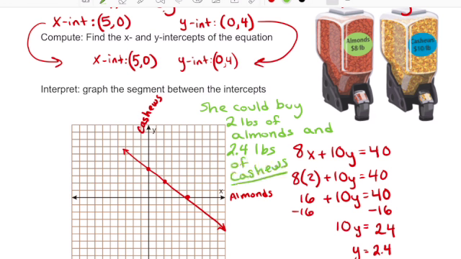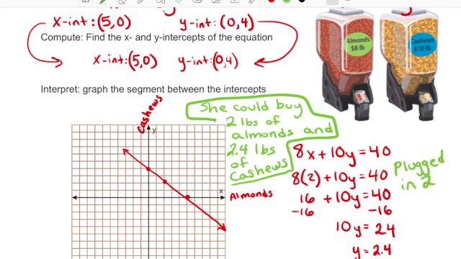You can write yours down below if you would like. And so I'm just going to say over here on the side that we plugged in 2 for x right here, we solved for y to figure out the amount of cashews.